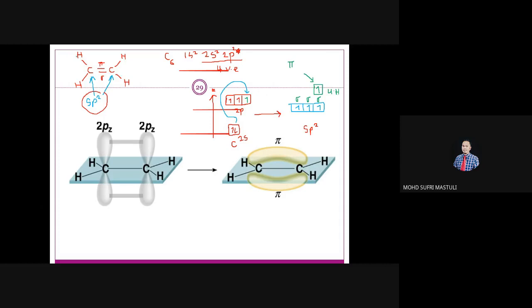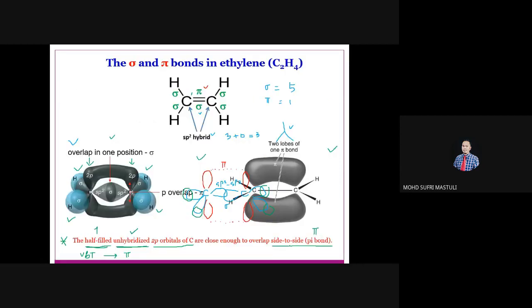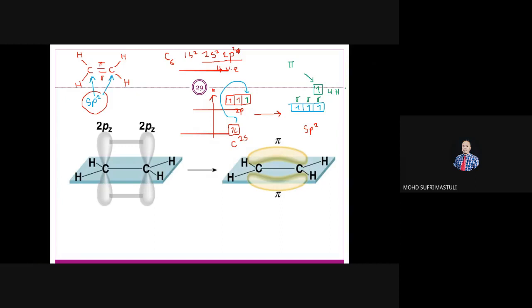Sigma with hydrogen, sigma with hydrogen, sigma with the next carbon. Okay, so remember the pi bonding side by side is from the electrons of the half-filled unhybridized orbital. So in this case it is this one unhybridized orbital.